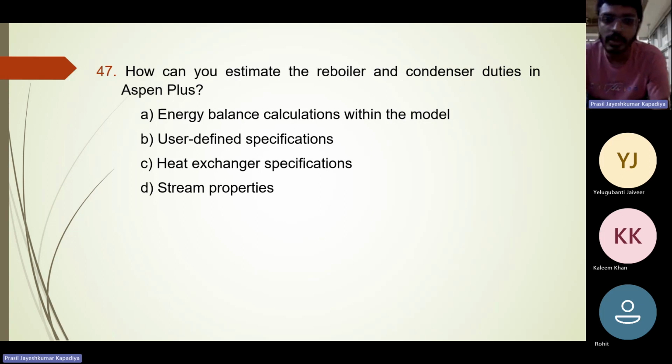We'll be writing energy balance across all trays 1 to 15 and one energy balance for the last stage, the bottom, which will also contain an equation with QR, the reboiler duty. On top it will be one equation, heat duty in equal to out, containing Q condenser. So from the energy balance equations we can estimate it if we are not defining it.